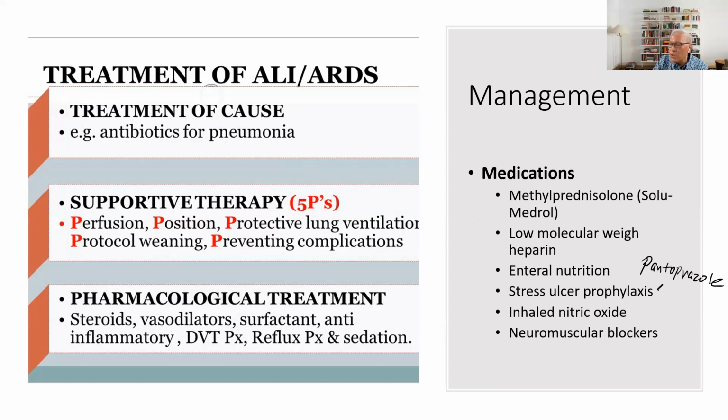And then, of course, neuromuscular blockers are usually given during the first 48 hours of ARDS, and this is going to leave the control of respirations to the ventilator. Because sometimes when patients are on a ventilator, they usually fight it. And so by paralyzing them with neuromuscular blocking agents, you are going to have total control with the ventilator.